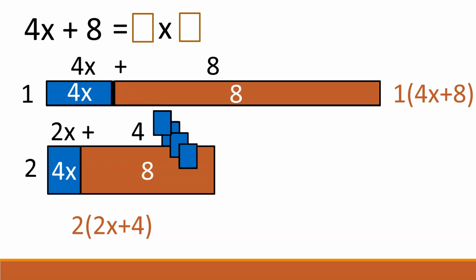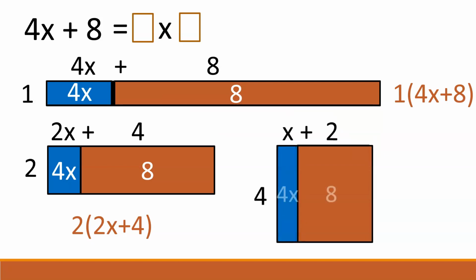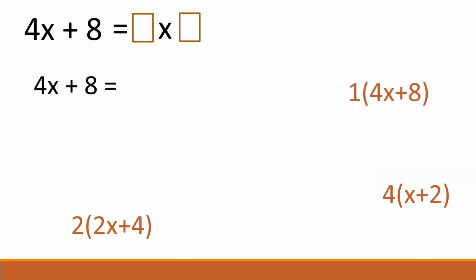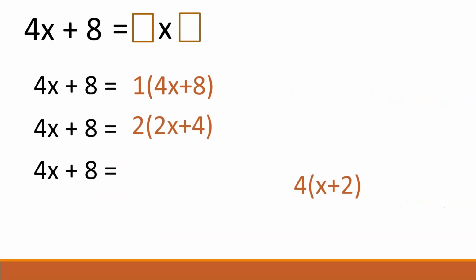And we can arrange again to find another combination of dimensions that give us the same area. In this case, 4 times x plus 2. Now, all three of those expressions we just found, 1 times 4x plus 8, 2 times 2x plus 4, and 4 times x plus 2, all will give us 4x plus 8.